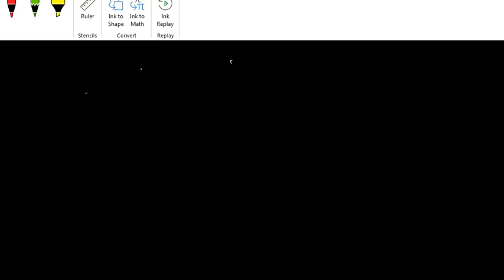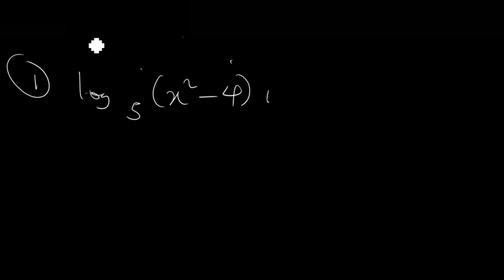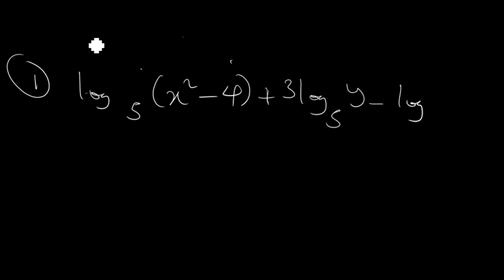So we want to rewrite this one: log base 5 of x squared minus 4, plus 3 log base 5 of y, minus log base 5 of x minus 2 to the power 2.